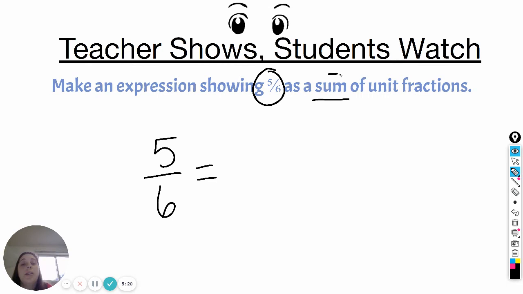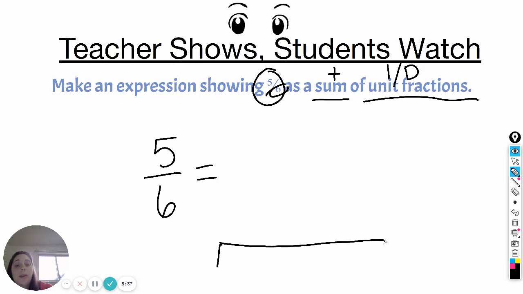We know we're doing a sum, so we're going to be adding, and we're adding up unit fractions, so all our fractions are going to be 1 over our denominator. Our denominator is 6, because I can see that here, the bottom number is 6. So I might want to get out my fraction strip that's broken into 6.